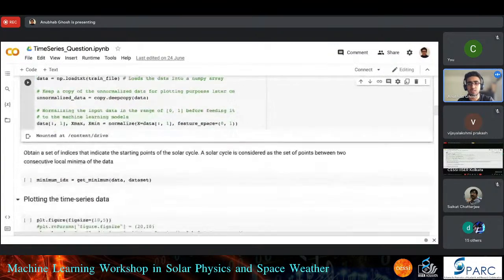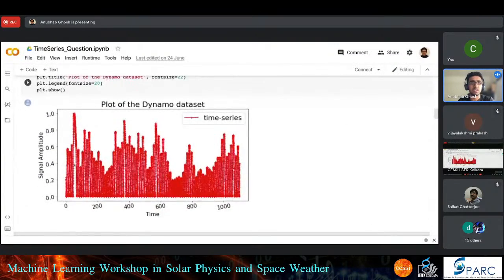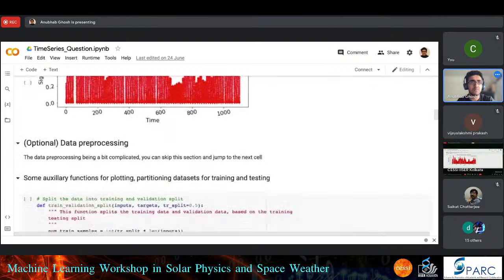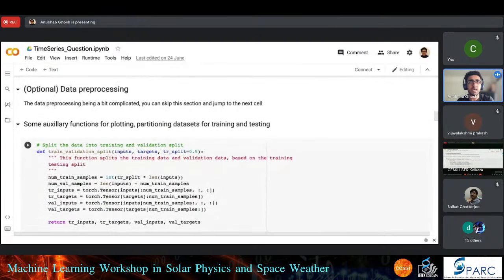The pre-processing obtains your data in a nice format so that your solar cycles are represented. Then we have some more pre-processing steps to make it into a training, testing, or supervised learning scenario.